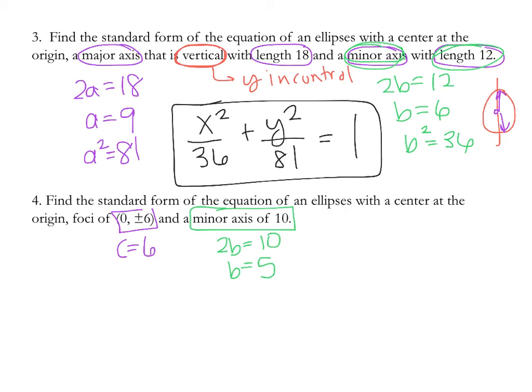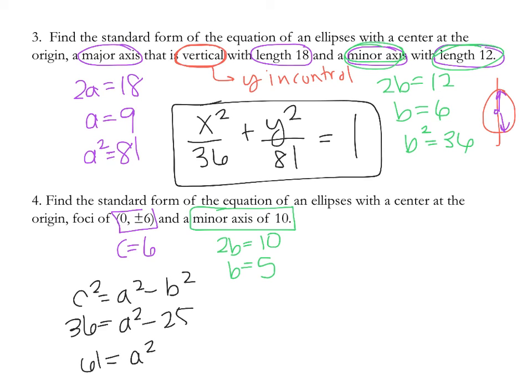And then I just need to figure out what a is here, because they didn't tell me a this time. So if I set up the equation, c squared equals a squared minus b squared, that's going to be 36 equals a squared minus 25, which means a squared is equal to 61, and we can just stop there. I can solve this out.